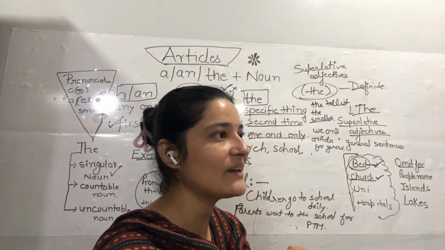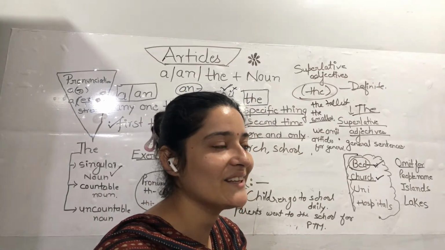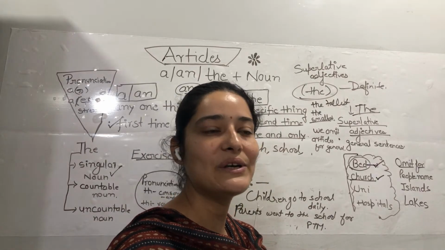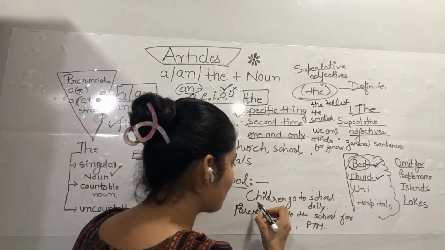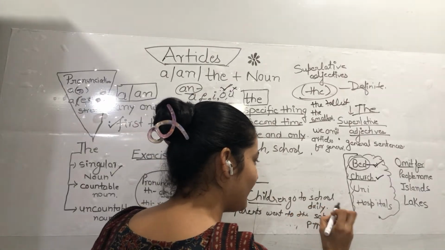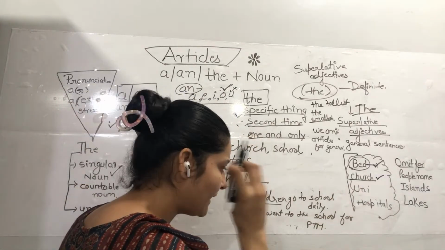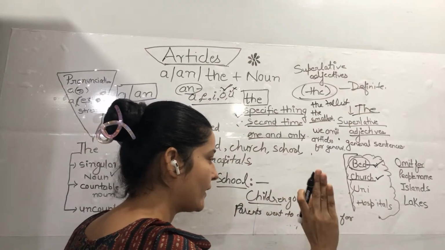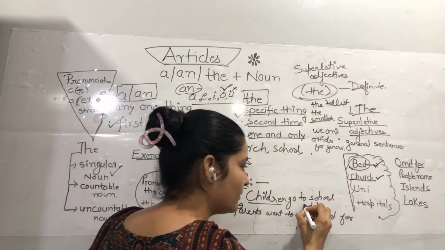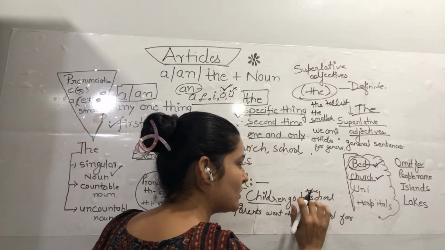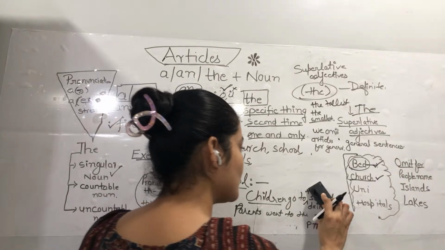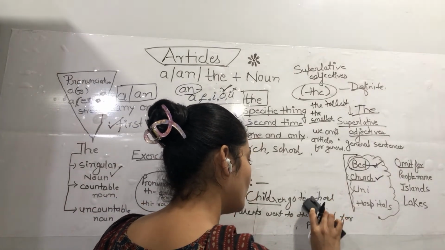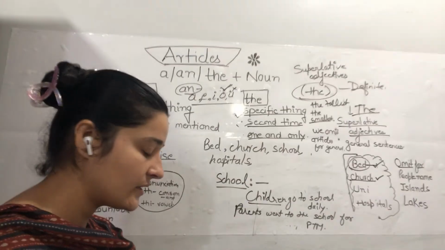It is very interesting if we understand the concept. For example, children go to school daily. It's the daily job of children to go there, so no need to mention "the" here. If we mention it, that is wrong. We have to understand the things also.